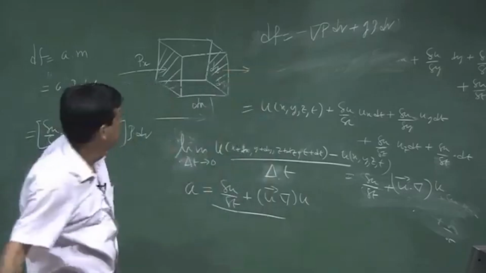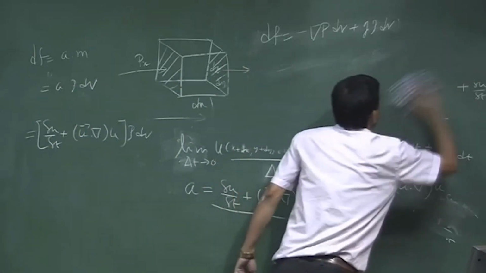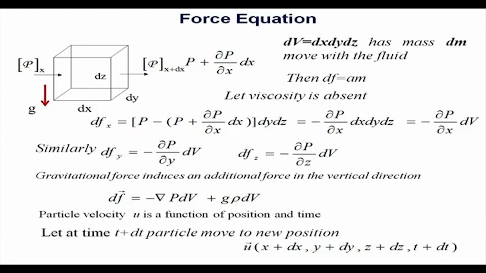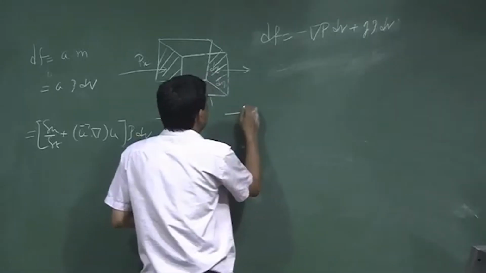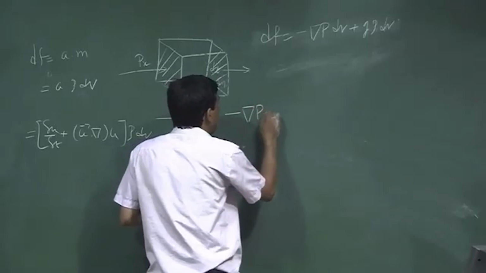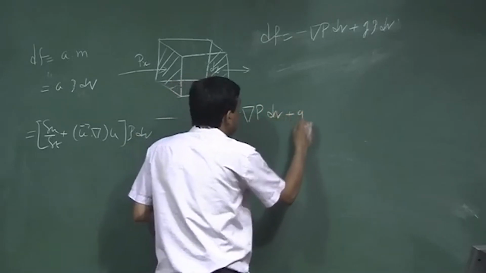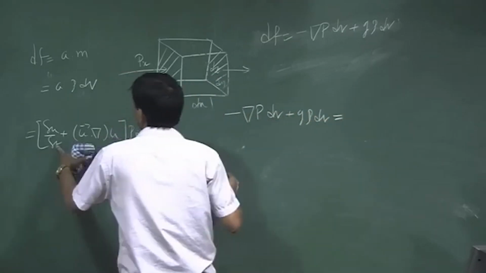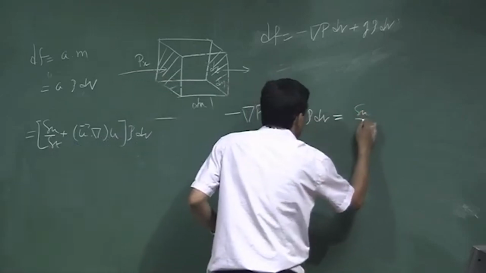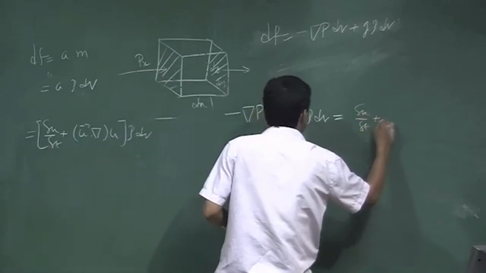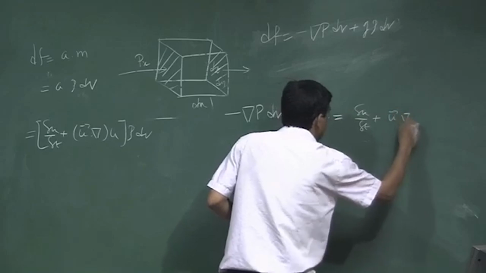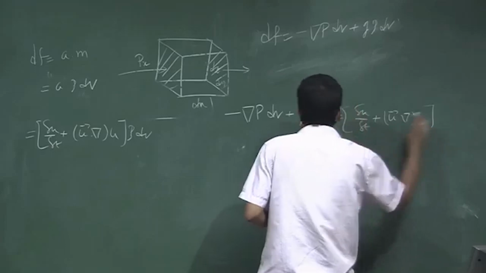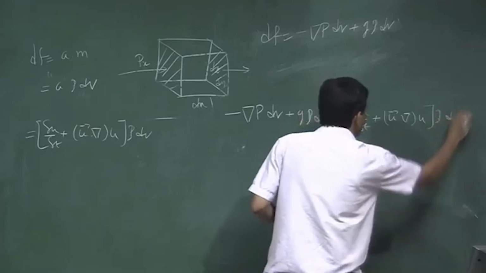So I can write that now I get one equation. What is the equation? Minus del P dV plus G into rho dV is equal to del u by del t plus u divergence u, whole multiplied by rho into dV.